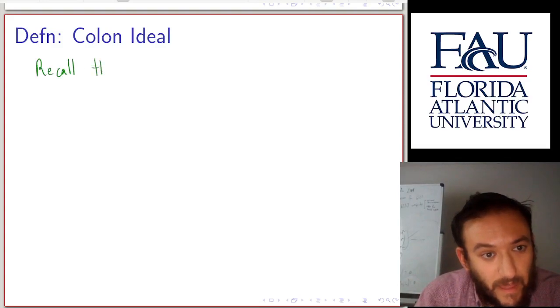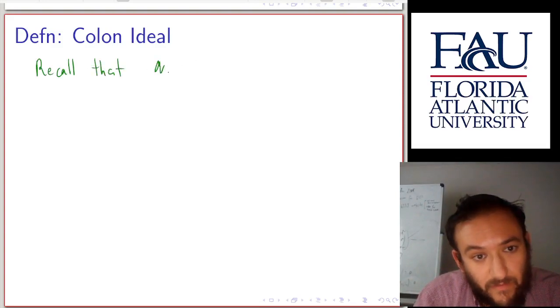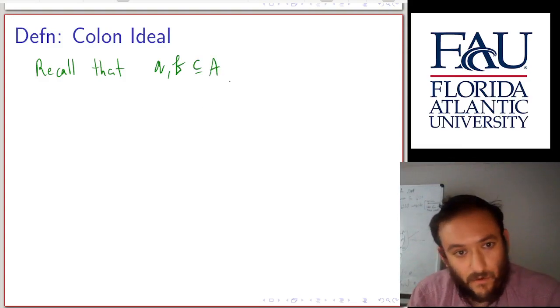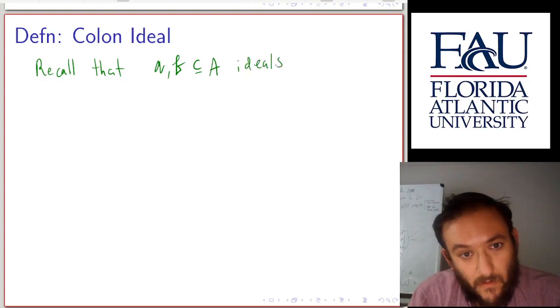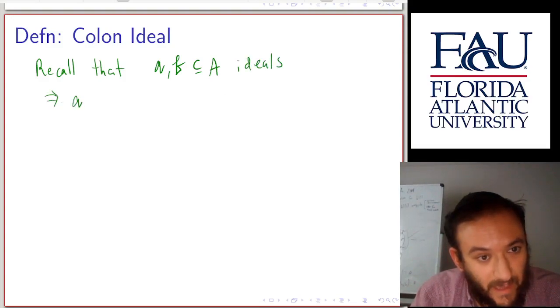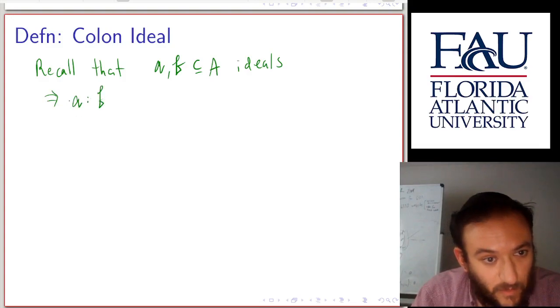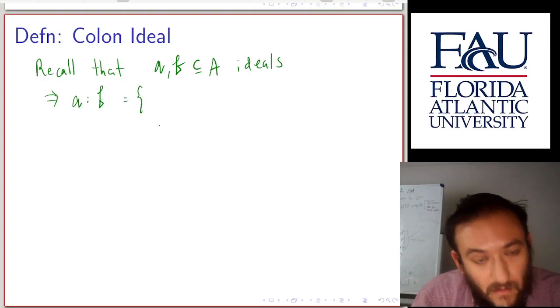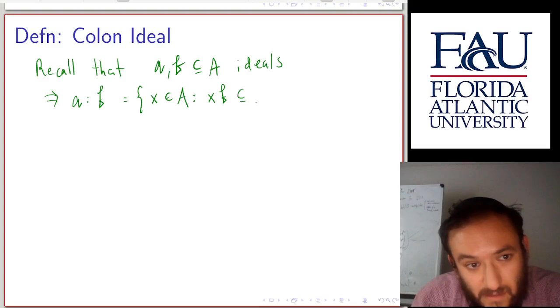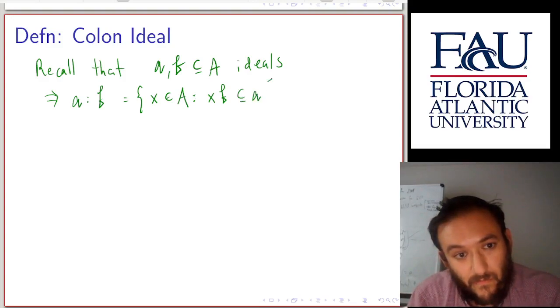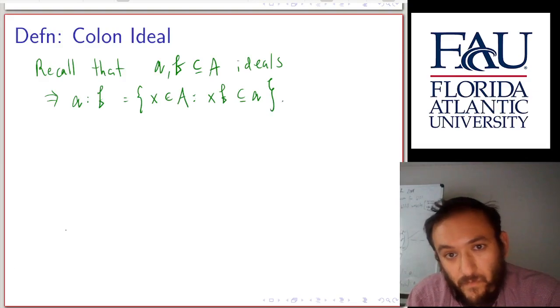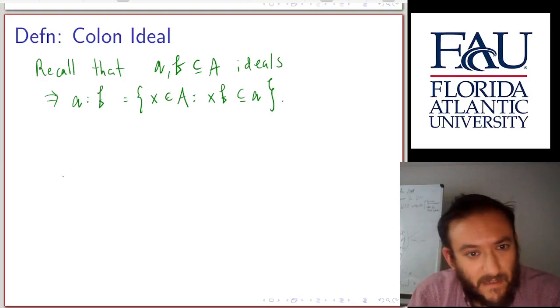Recall that if we have two ideals in a ring, then we had this quotient, which was the ideal defined as the set of elements x in A such that xB is contained in A. That was called the ideal quotient, sometimes called the colon ideal.